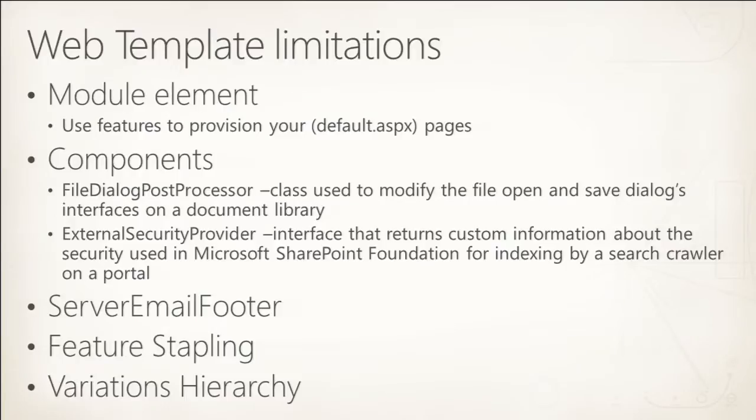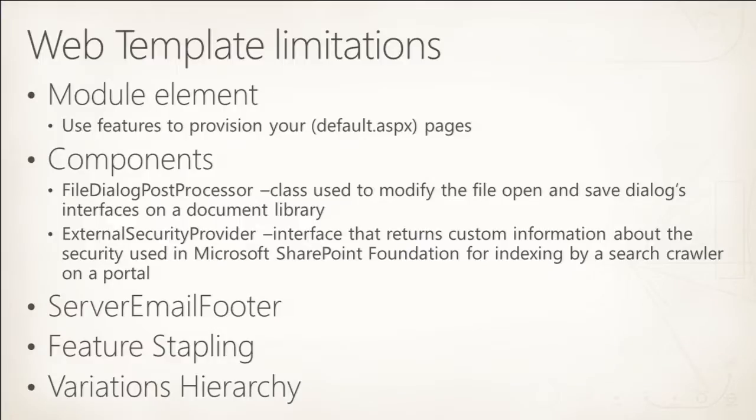We can't use feature stapling. And at first sight, it kind of seems like a big limitation because we use feature stapling quite a lot with site definitions. It means that we can add those features without modifying the site definition. We don't have to make any changes to the actual site definition.